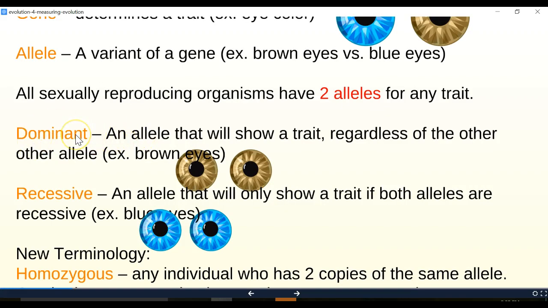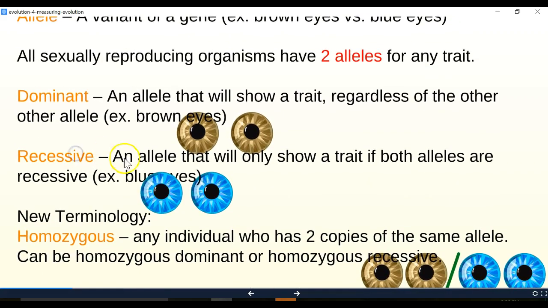We typically will write this as a capital letter. So it's an allele that will show a trait regardless of the other allele. A recessive allele is another type of allele. That's an allele that will only show a trait if both alleles are recessive. Typically, we write dominant alleles as a capital letter, and we write recessive alleles as a lowercase.